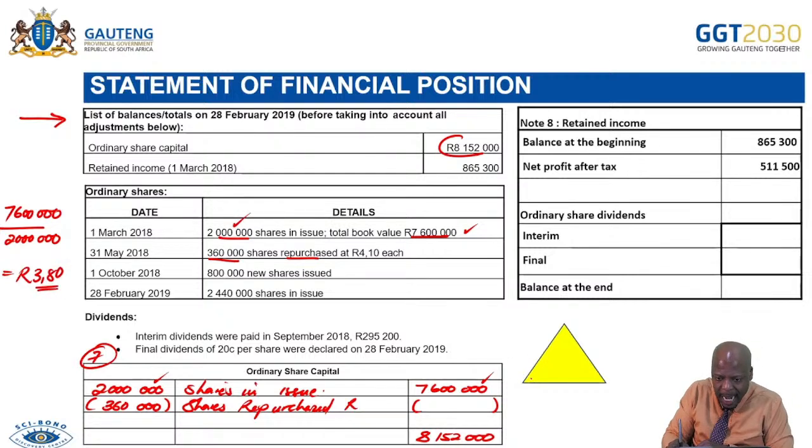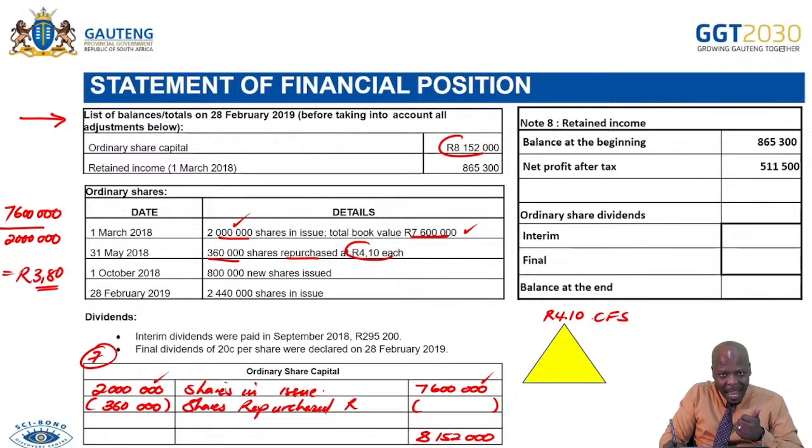That means I come here now to my triangle, I am told that these shares are repurchased at 4.10 each. I know that my 4.10 comes to the top. 4.10. This goes to your cash flow statement. If you check in the previous lessons, I've not been saying cash flow, but now we are getting closer to the cash flow.